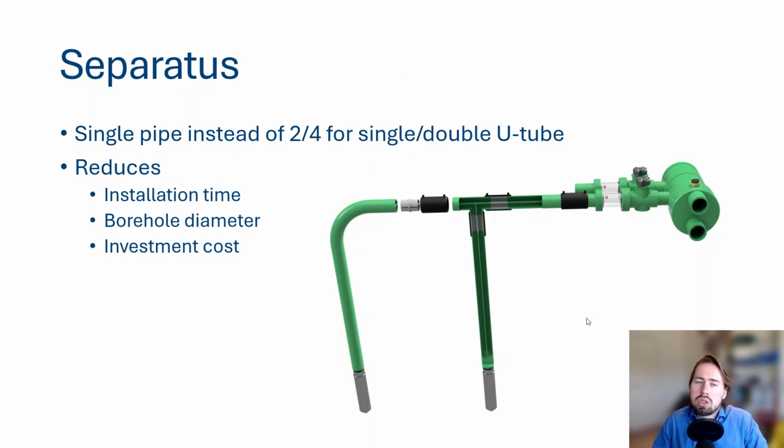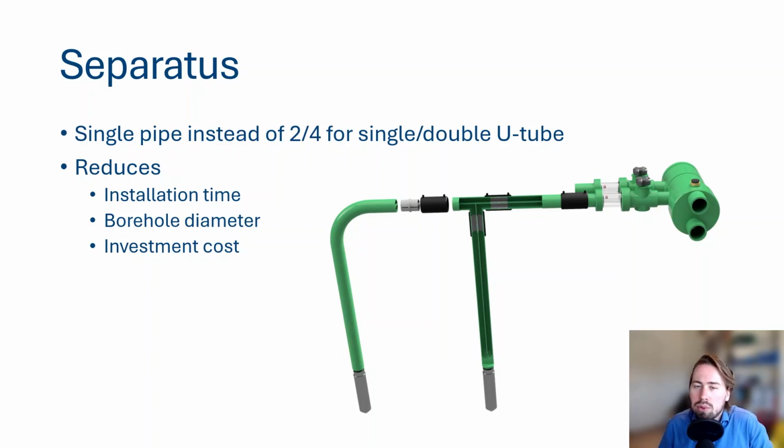This reduces your installation time quite a lot because it's easier to let down one pipe instead of two or four, but you also have half the amount of couplings and half the weldings. You can also decrease your borehole diameter since you do not need that much space in the ground, and taking all these factors into account, you should end up with a system which is more economically viable due to a lower investment cost.